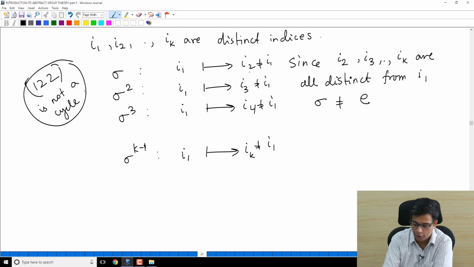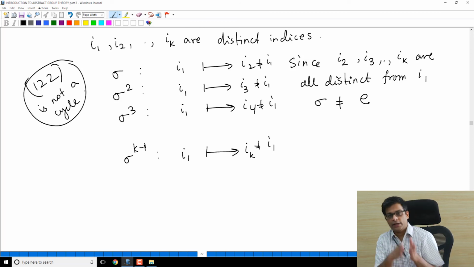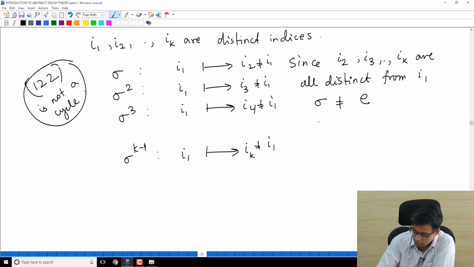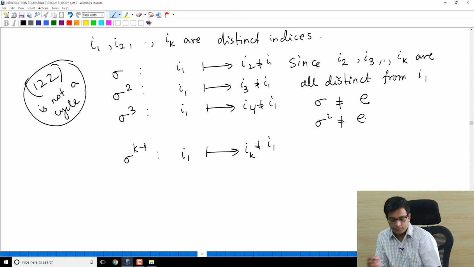It sends I1 to I2. So the identity element is supposed to send I1 to I1, right? But sigma sends I1 to I2, so sigma can't be E. Sigma squared sends I1 to I3, so it can't also be E, because I3 is different from I1 and an identity element sends I1 to I1.